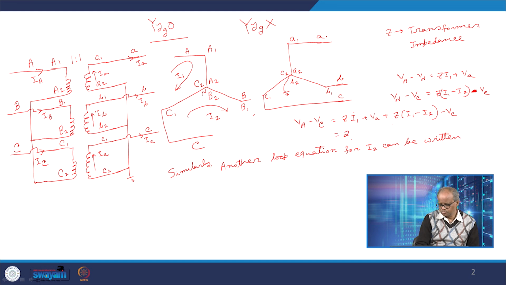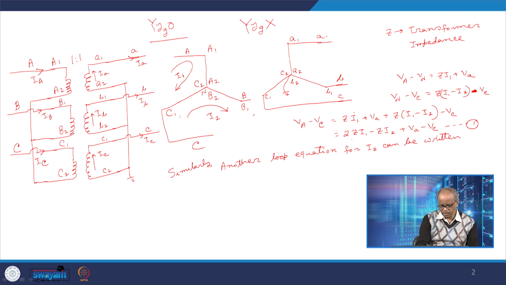That means 2 Z I 1 minus Z I 2 plus V A minus V C. So, this is equation 1. Similarly, another loop equation for I2 can be written.